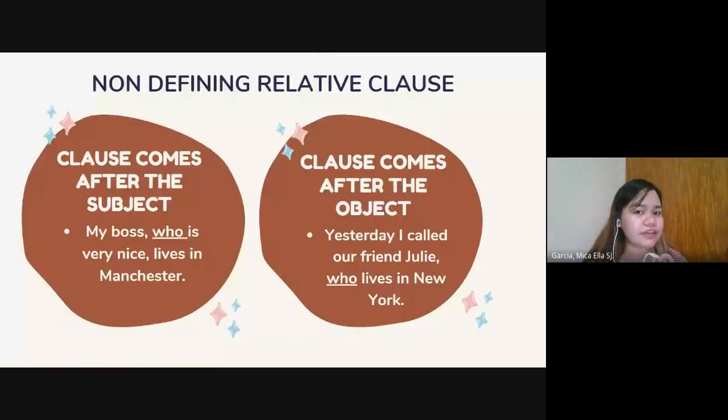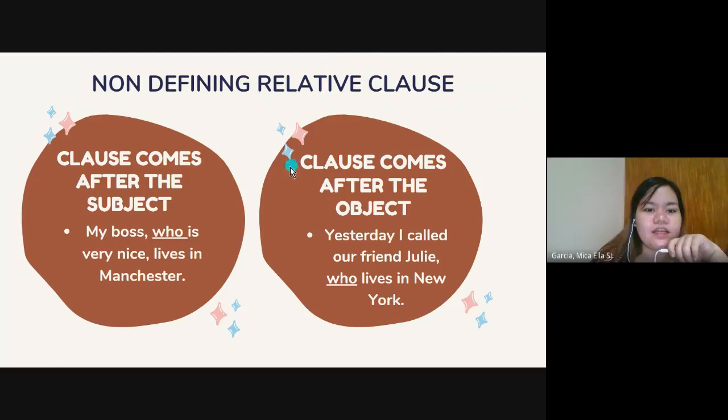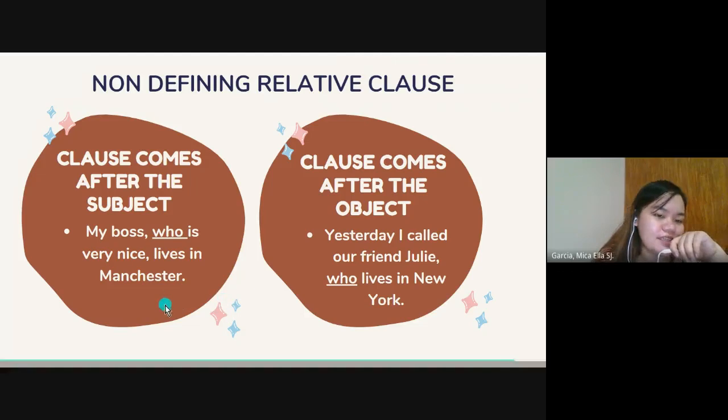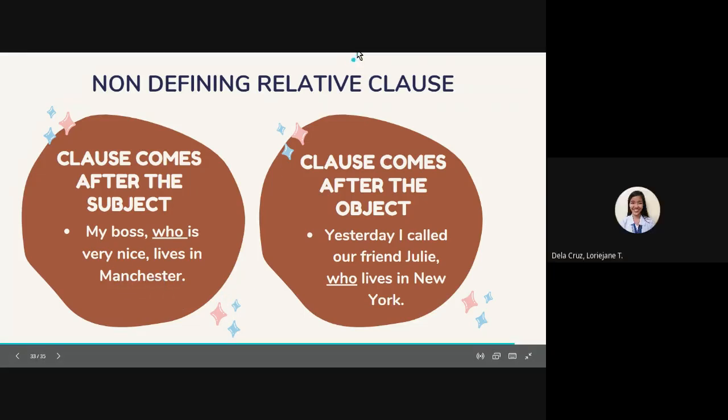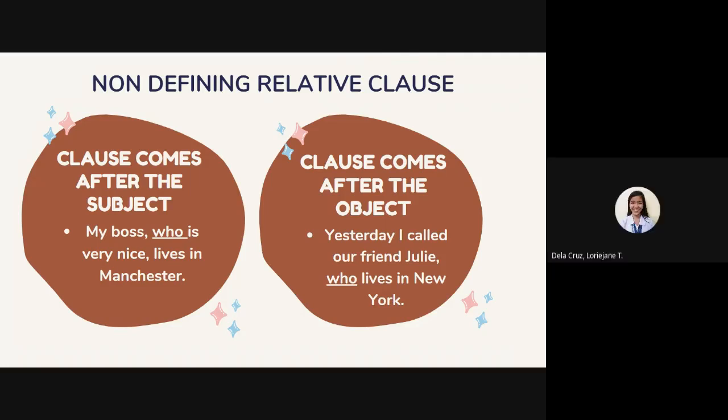While in the non-defining relative clause, when the clause comes after the subject, will you please read the sentence provided? Yes, LJ. My boss, who is very nice, lives in Manchester. All right. So, what do you think is the subject in this sentence? My boss. My boss is a very nice person.